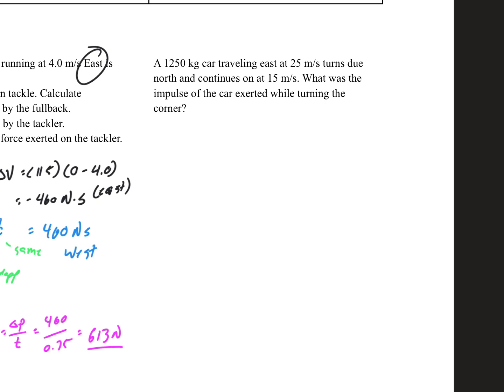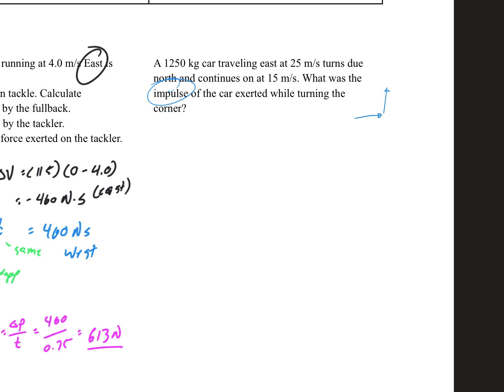On this question, we have a 1250 kilogram car traveling east, turns due north, and continues on at 15 meters per second. So it's pretty tempting to draw the triangle that looks something like this, going here and here. But we have to make sure we understand the rest of what's going on with the question. Here, it's asking me about the impulse.